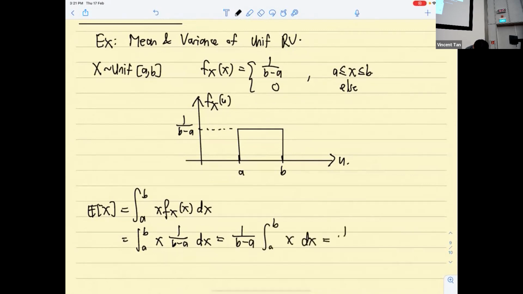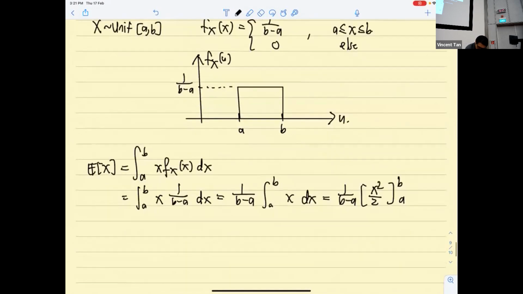I hope that you understand how to integrate this from some introductory calculus class. You need to know how to do these sort of things before you take this class, so I assume that you know how to do this. So you have 1 over b minus a, and now you have b squared minus a squared over 2.